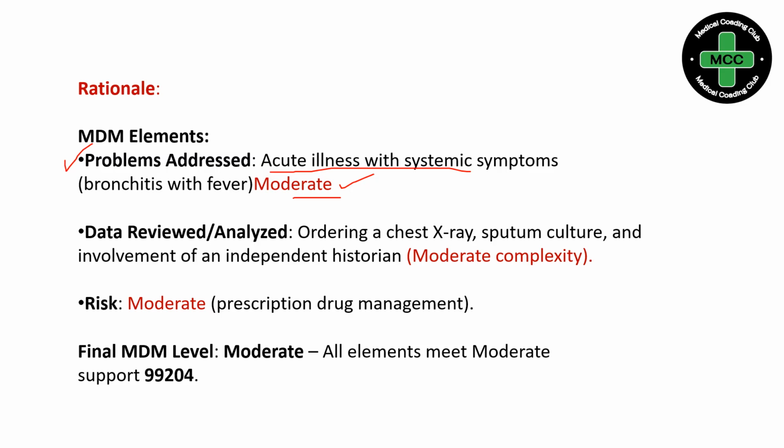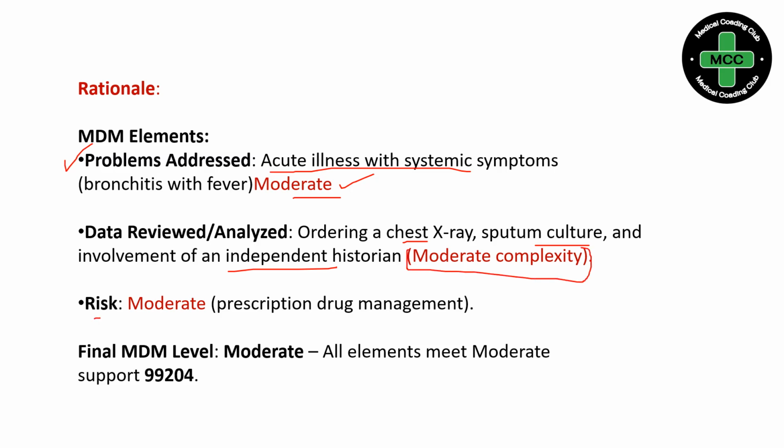And data reviewed and analyzed. So the provider ordered chest x-ray and sputum culture. And with this you should also know that there was 1 point where the father gave history, so that will credit to independent historian. So we are getting 3 points, so we will meet the moderate complexity. Okay, so the data will be moderate complexity.